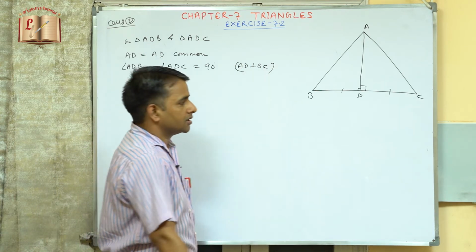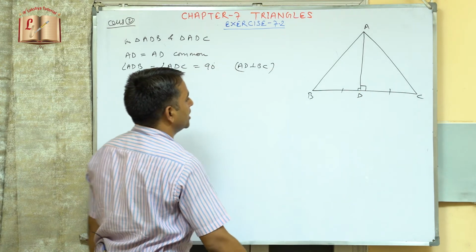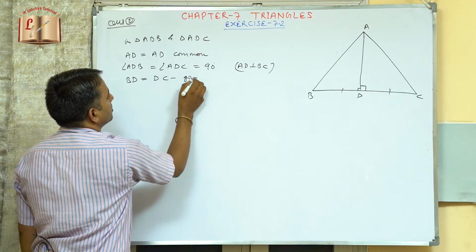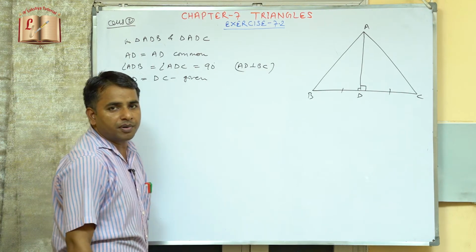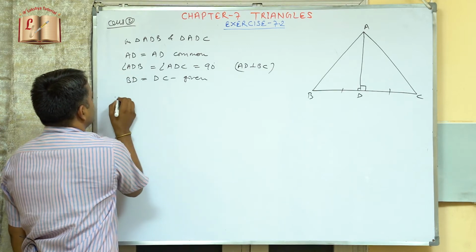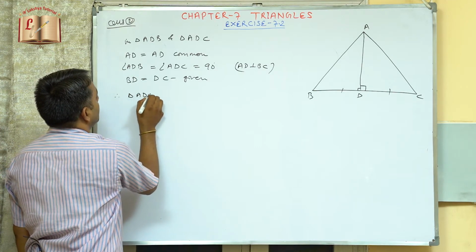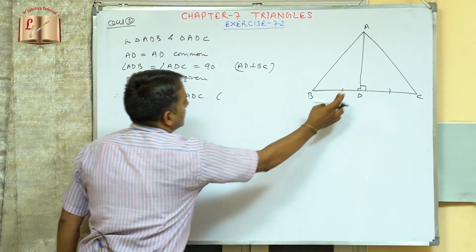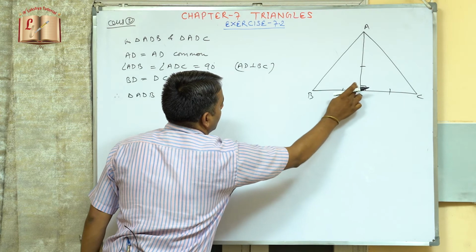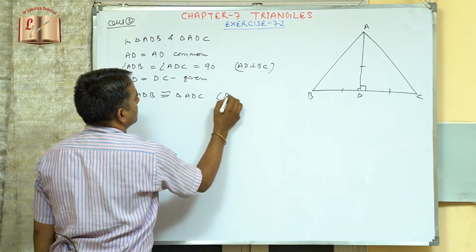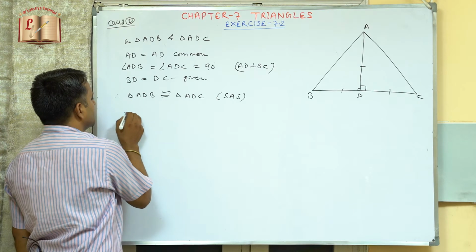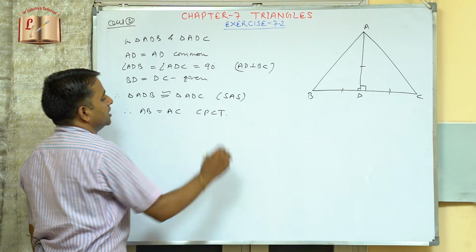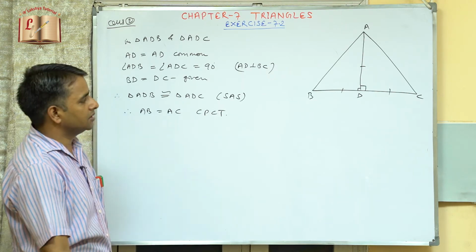This is given to us. This angle is equals to this angle, 90 degrees, and BD is equals to DC. This is also given to us because AD is the perpendicular bisector. Therefore, triangle ADB is congruent to triangle ADC by side angle side, SAS congruency. Therefore I can write AB is equals to AC, this is by CPCT. So this is proved.